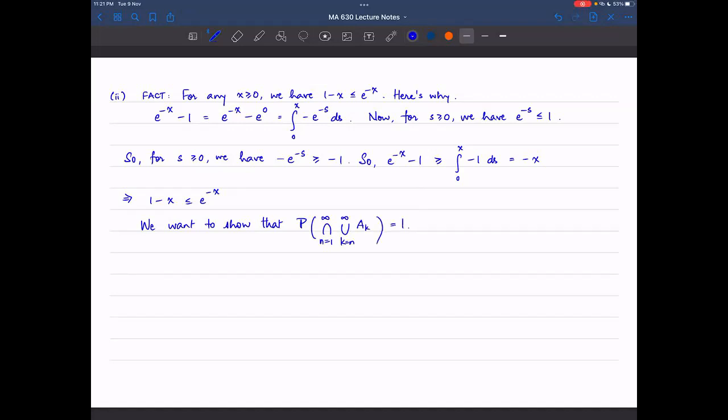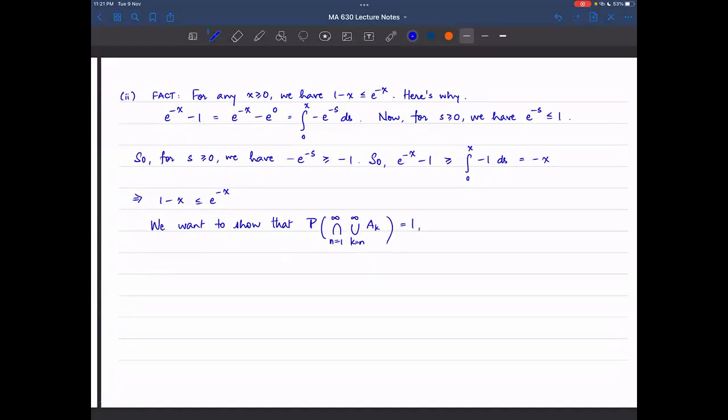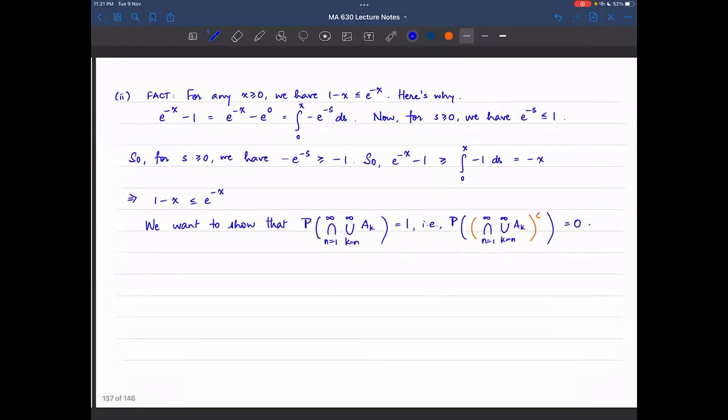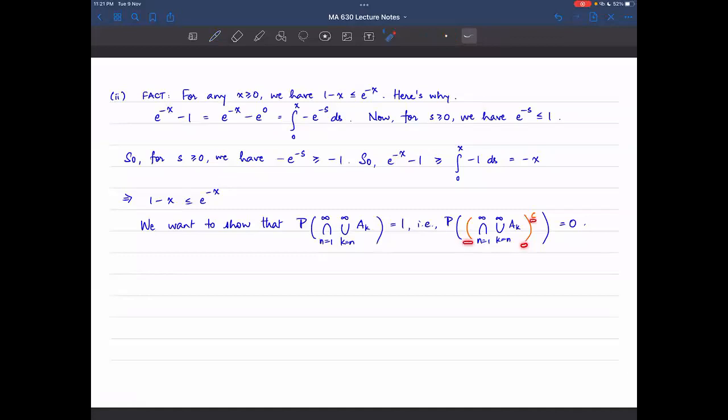Now, of course, if you want to show that the probability of some set is 1, it is just as good to show that the probability of the complement of that set is 0. That is, we want to show that the probability of the intersection, n going from 1 to infinity, of the union, k going from n to infinity, of Ak, complement, is 0. All right, now let's see what this operation of taking complements does.